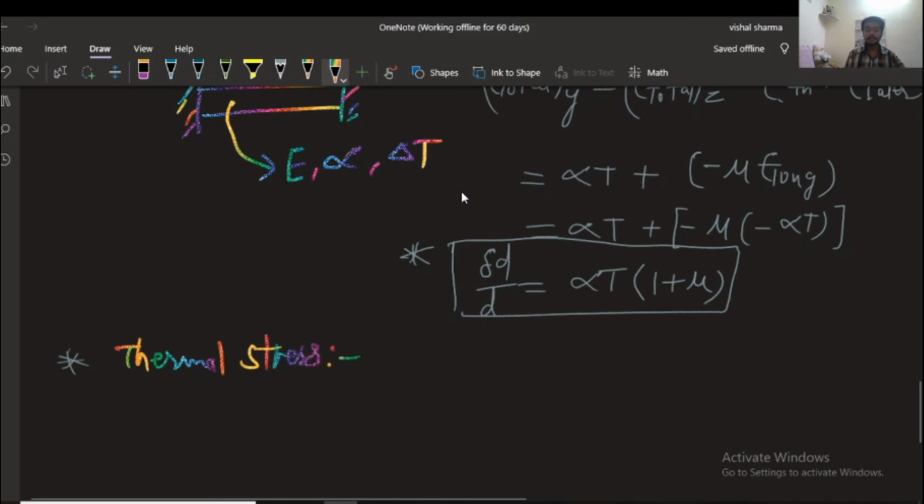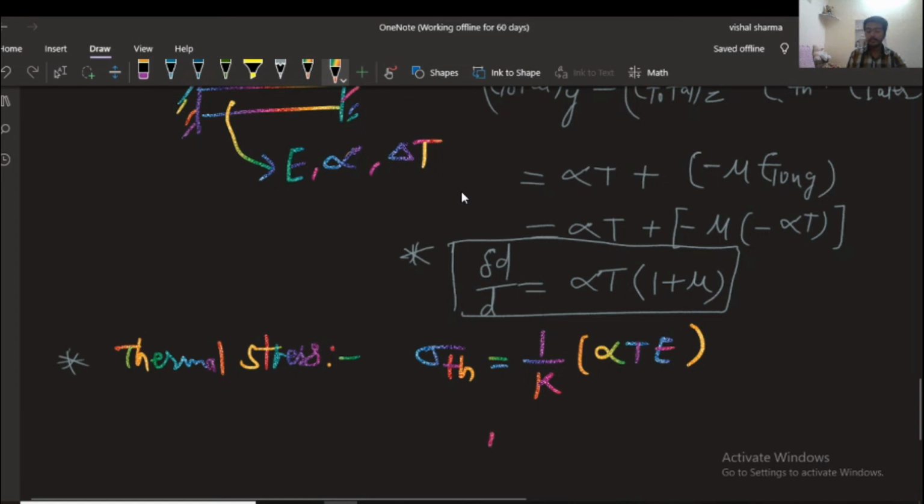Here I am taking the generalized formula: sigma thermal is equal to 1 by K into alpha T E. This is the formula for the thermal stresses in the material when the beam is prismatic, made of the same material, and there is complete restriction of expansion in one direction.